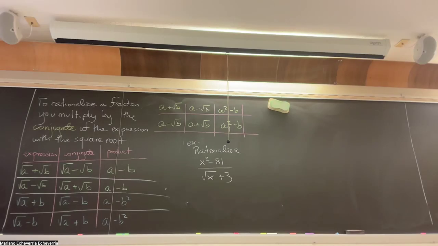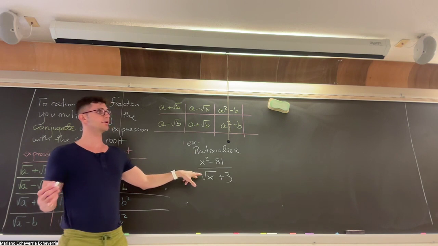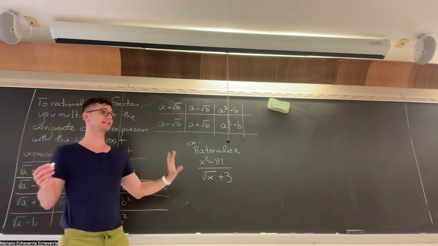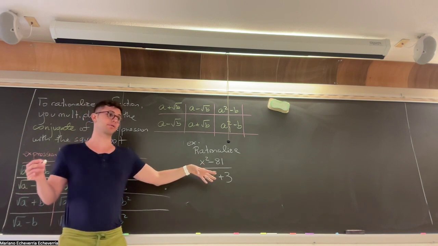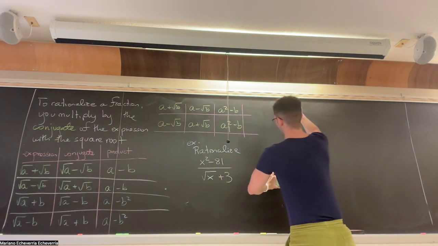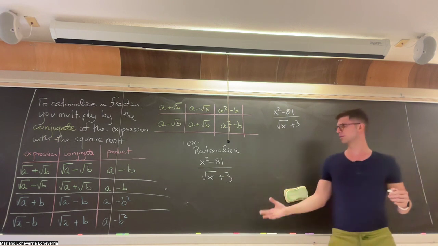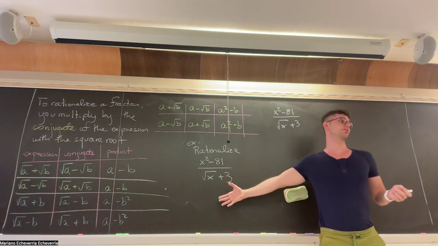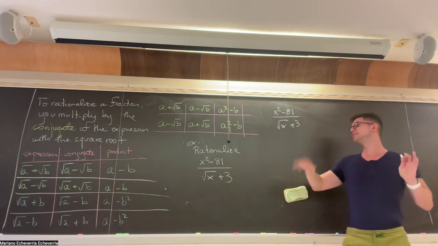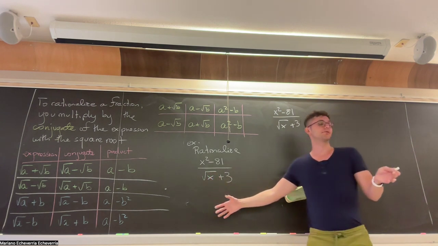Again, the idea is that when you have a fraction, either the numerator or the denominator has something with a square root. In this case, the denominator is the one with the square root. What rationalizing means is to multiply by the conjugate of the expression with the square root. That just means flipping the sign of the term with the square root.